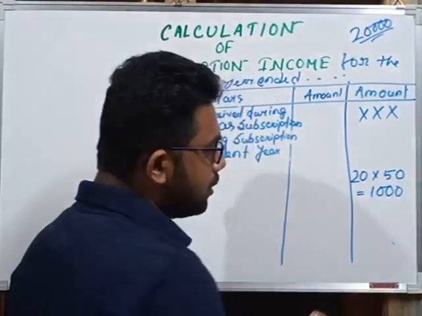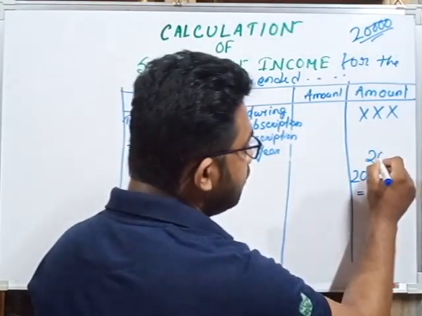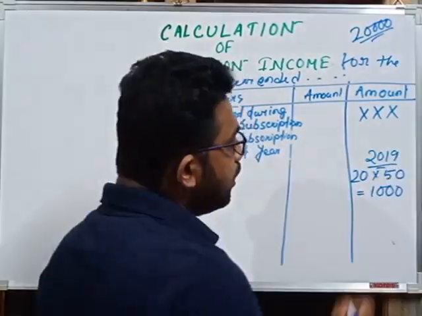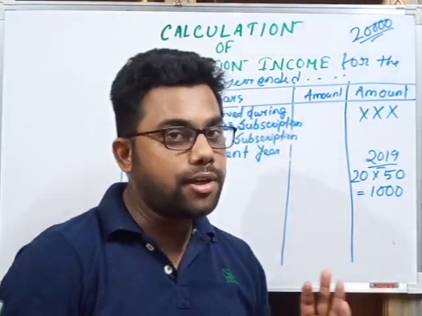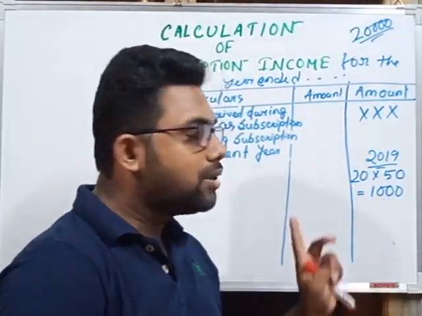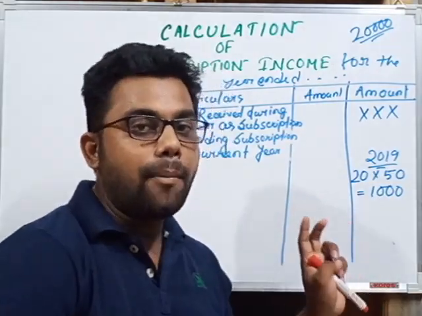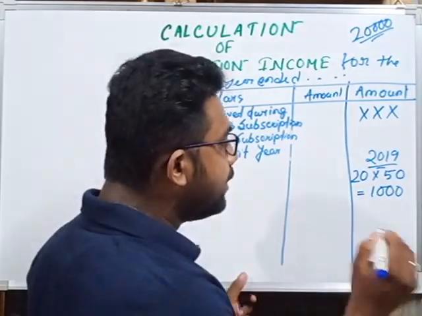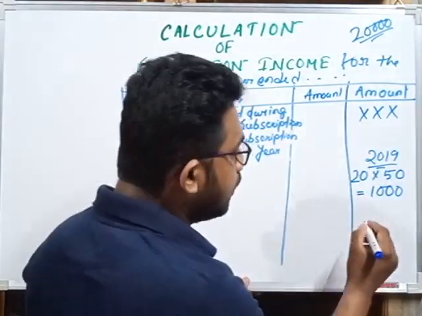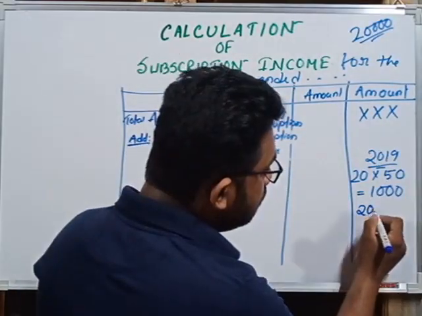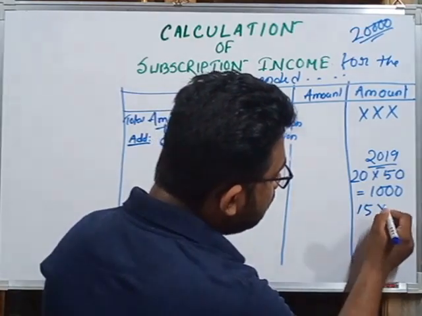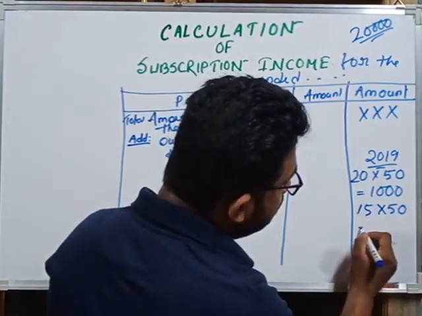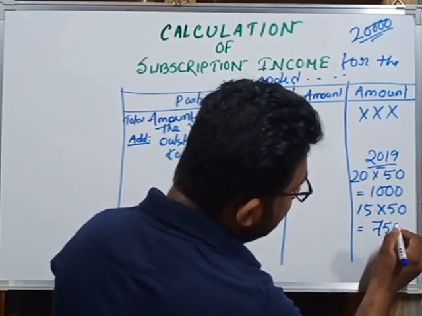1,000. That means for 2019, I'm giving this as an example, the total amount of subscription income for the non-trading organization is rupees 1000. Okay, this is the actual amount of income. But when receiving the subscription income, we have received subscription from 15 members at 50, so rupees 750.